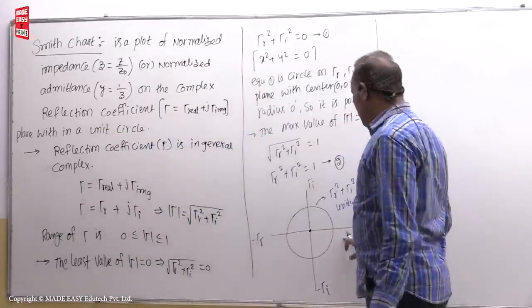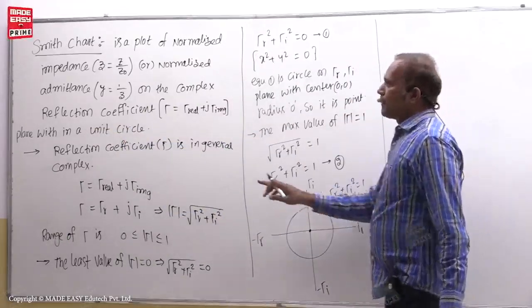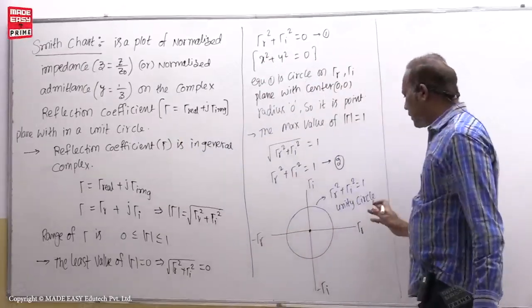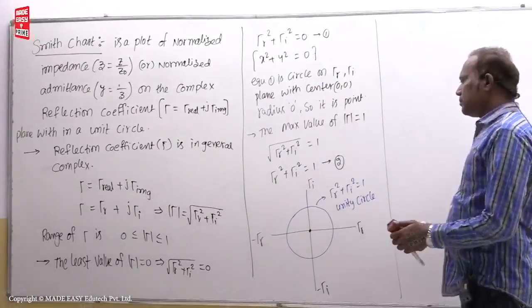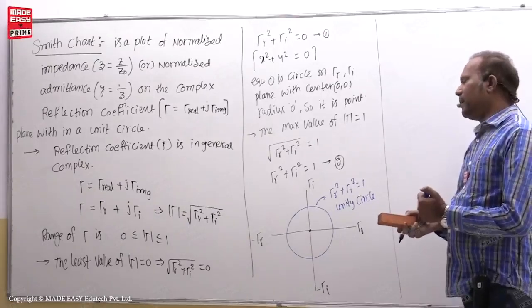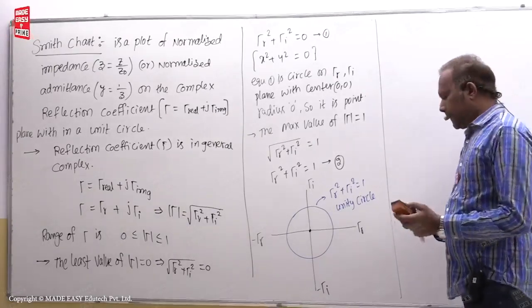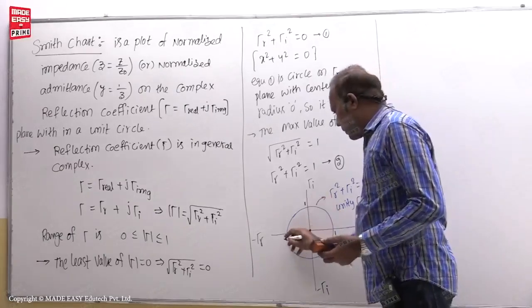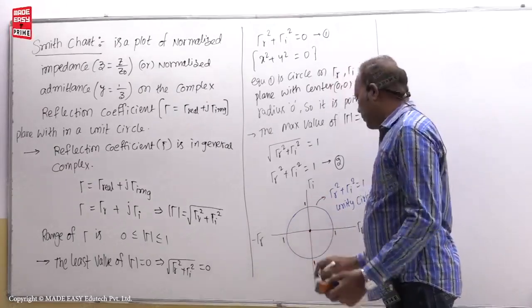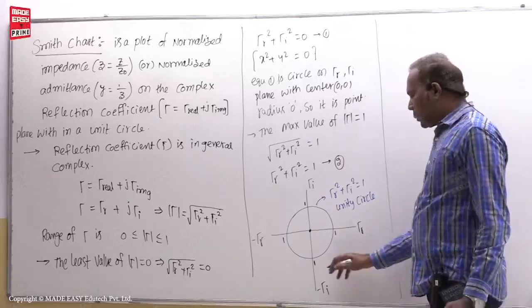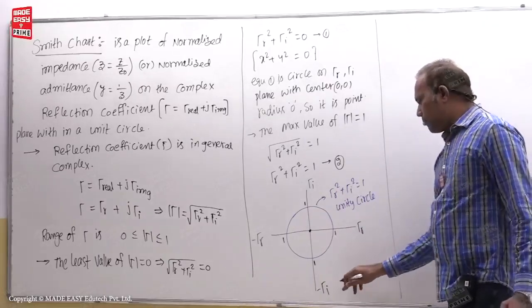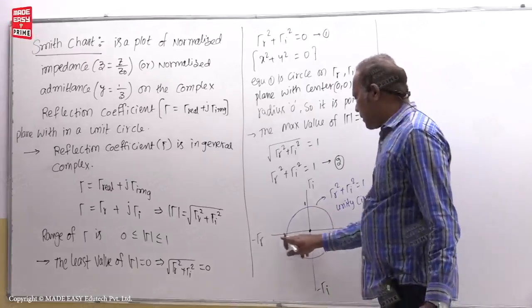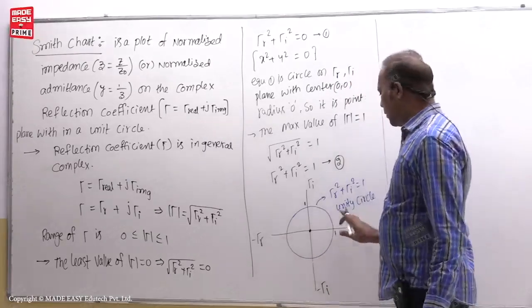A unit circle, or otherwise unity circle, means the radius is 1. I will put here radius is 1, this side also 1, here also 1, here also 1 magnitude. Magnitude is 1 every side, but here this value is called minus 1 and this value is called minus 1. Magnitude is 1 actually.